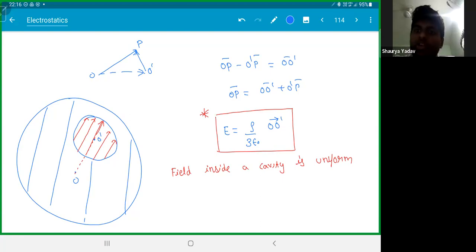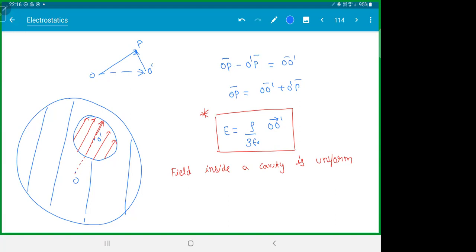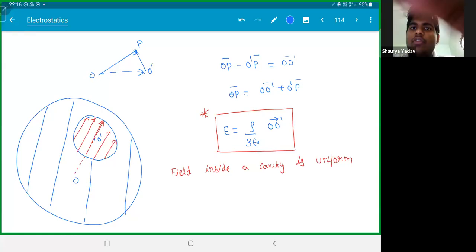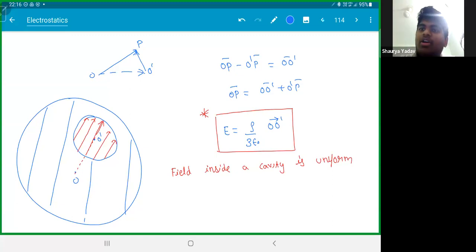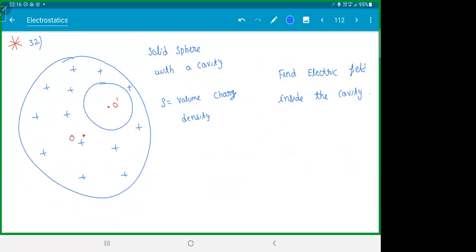So why in the cavity was it parallel to OO dash? Because we proved it. Shaurya, you're asking as if I'm the one who decided. The result came from the proof. No, but that was without the cavity. What are you talking about? The question was asked about the field inside the cavity. What do you want to say?